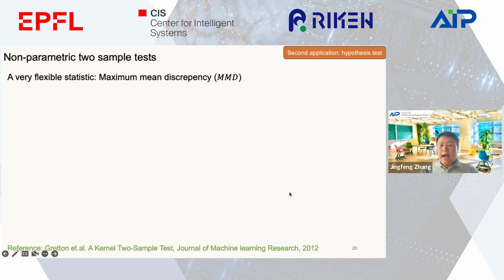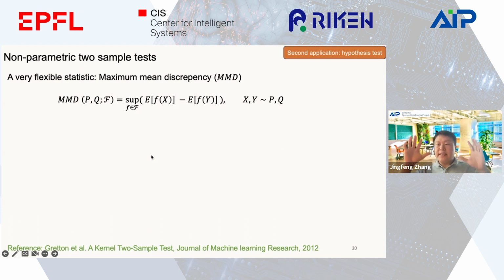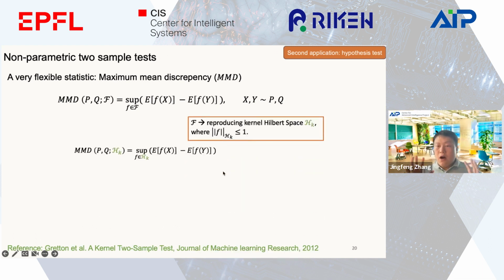Now, I will introduce a general purpose test statistic, maximum mean discrepancy, MMD. MMD measures the differences between the distributions of P and Q, which is the largest difference in expectation over all functions. However, we have limited data.